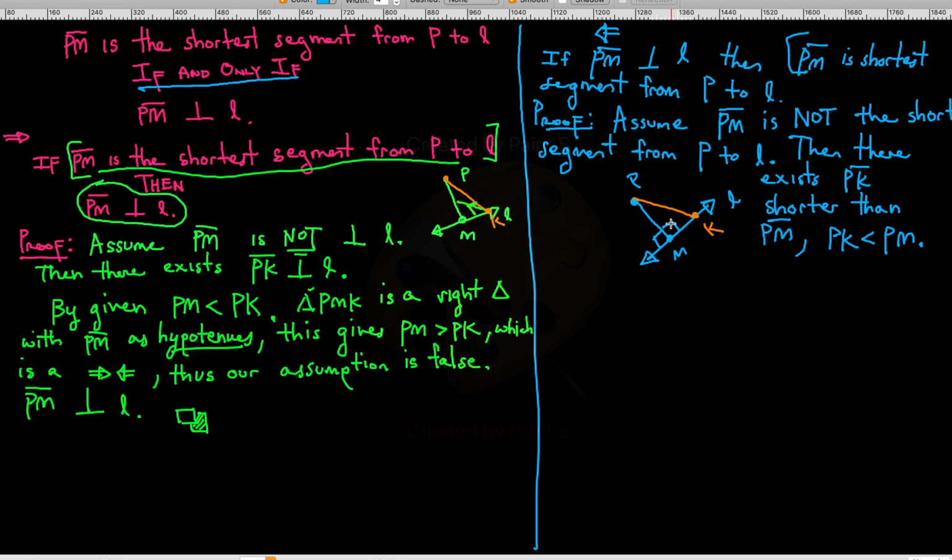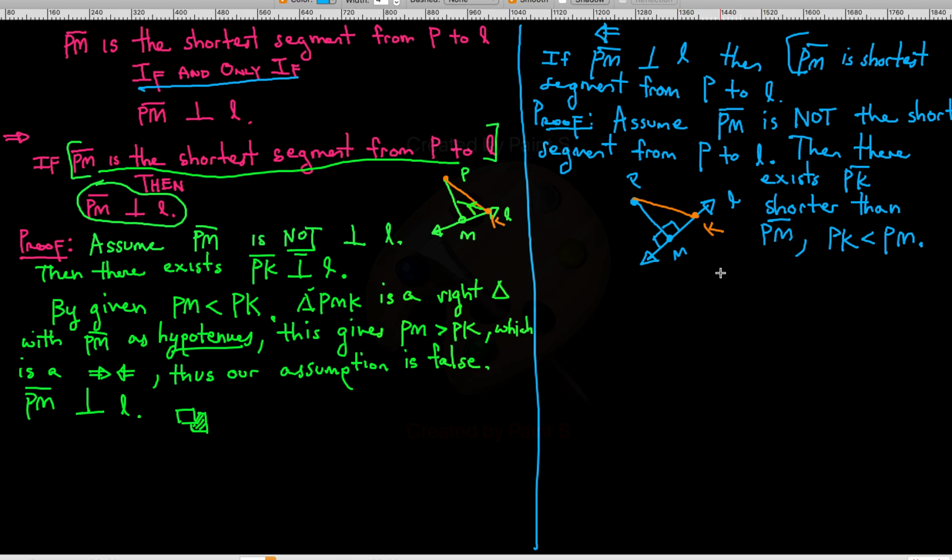PM is not the shortest length, but there must exist some length. Then, if it isn't the shortest, then there must exist one that's shorter. Let's call it PK, PK must be shorter, right? So then I get this statement.